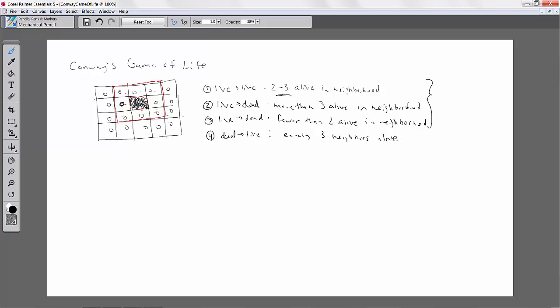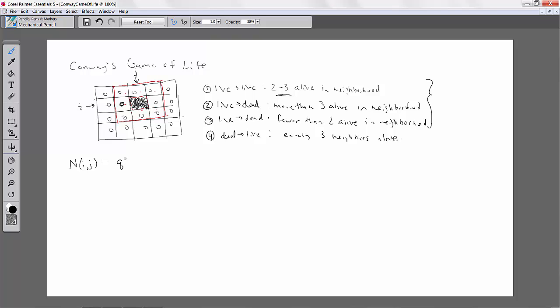Rather than having an input for each of the 8 neighbors like we did for the one-dimensional game of life, we could define a neighbor function for a cell in a particular row and column. So let's say this is row I, this is column J. The neighbor function could count up the number of neighbors that are around it.